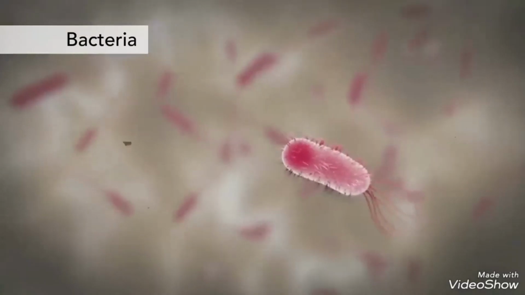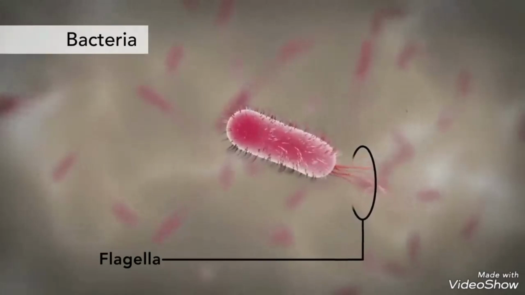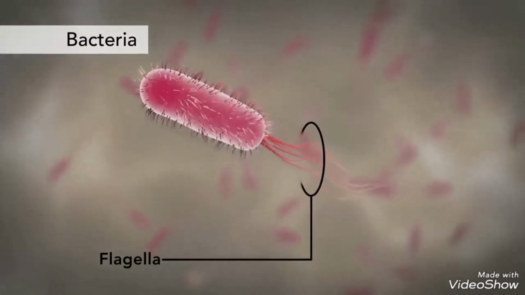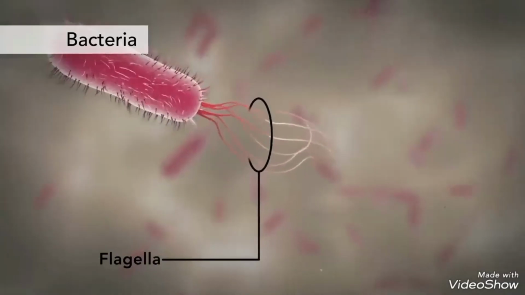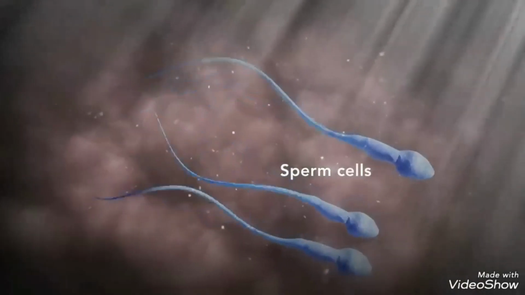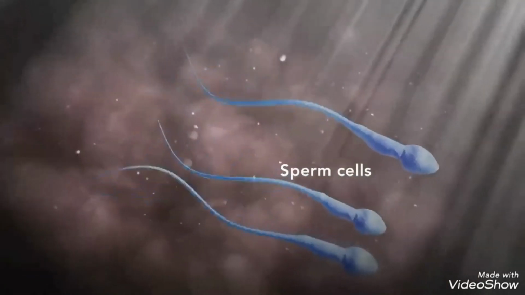We see the bacteria has another specialized structure, a tail called flagella, and it is able to move. And in the human body we see spermatozoa having a tail like flagella.